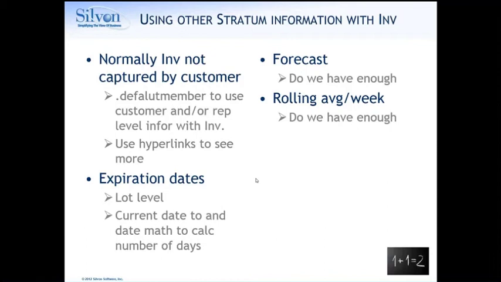So one of the challenges people have is being able to display, say, the open orders for a sales rep or a specific customer and seeing the inventory number next to the on-order number so I can understand if I have enough for that particular order. So there's a technique, it's .default member. I'm going to show you how to do this in a minute in the demo, but this allows me to look at different pieces of information on a view that may not be stored by all of the dimensions that are in the view.